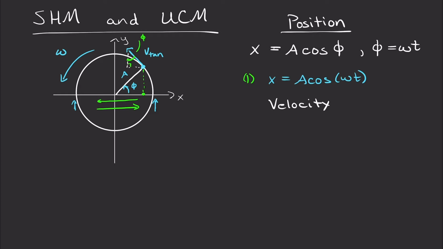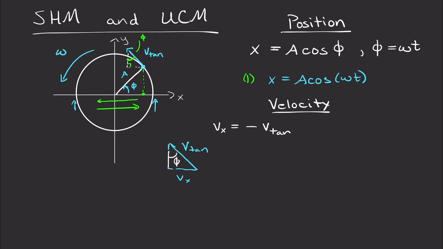So we can use what we know about the tangential velocity. If you notice, the tangential velocity is going to the left, so it's negative. And then the x component, which is what we're looking for, the component of velocity of our little shadow that's moving left and right, is going to be given by v tangent. So now we're looking at this triangle where this is v tangent, this is vx, and our angle phi, we could show through geometry, is this angle.